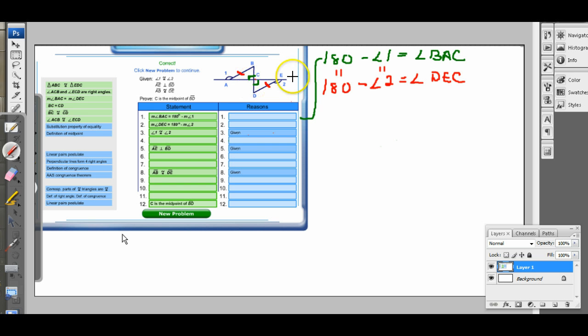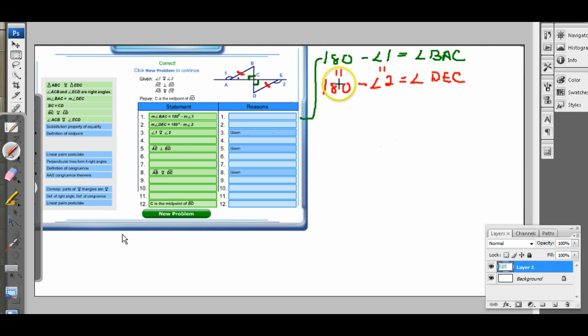So what I wrote over here was the fact that, starting with this one here, we have 180 degrees, which is a line, and if we take away angle 1 from that 180 degree line, we're left with this little angle in blue, which is angle BAC.